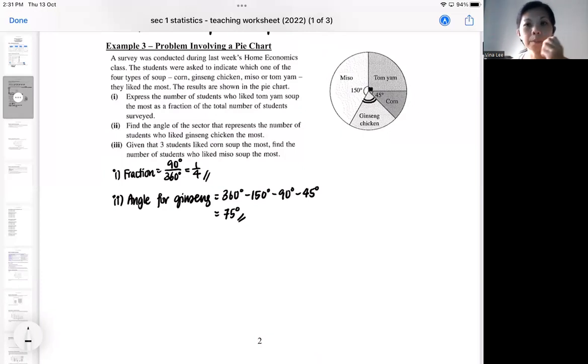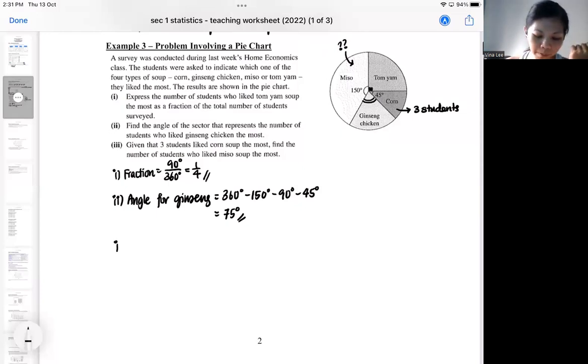Okay, so from here, the third part, we know that we got 3 students who like corn soup. From the 3 students who like corn soup, we are trying to think about how many students like miso soup.